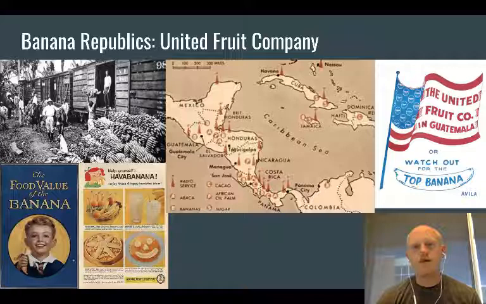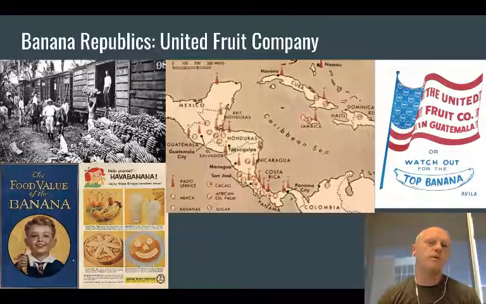So these vagrancy laws were, again, just meant to keep Mayan people principally working and providing cheap labor for United Fruit. The United Fruit Company is an example of one of the first or earliest multinational corporations that came out of the United States. There were a couple others that were producing steel and oil that were not only from the US, but also Great Britain around the turn of the 20th century.